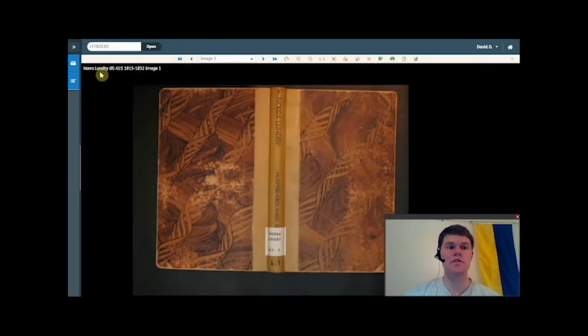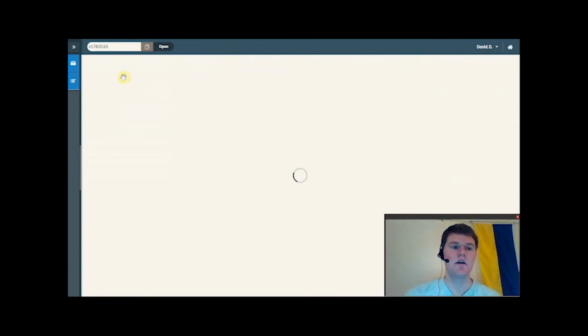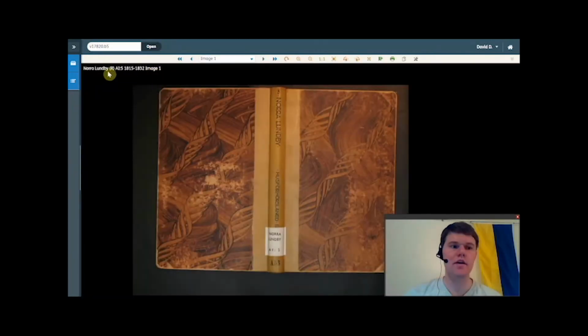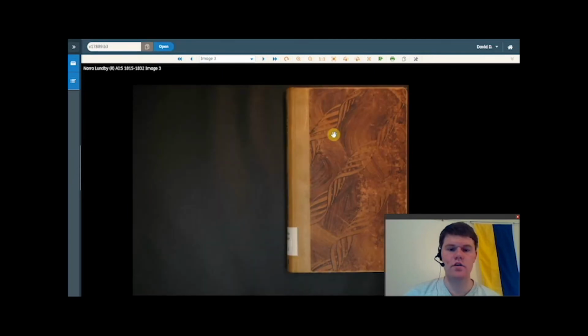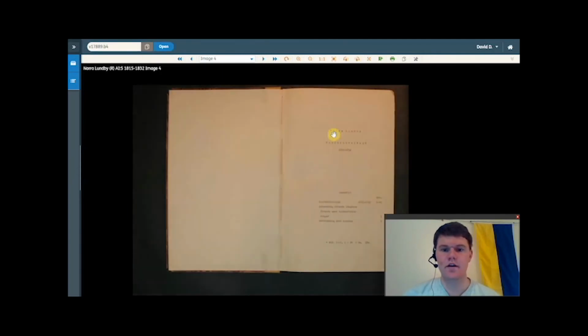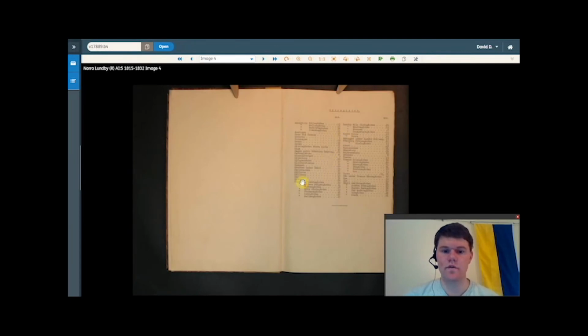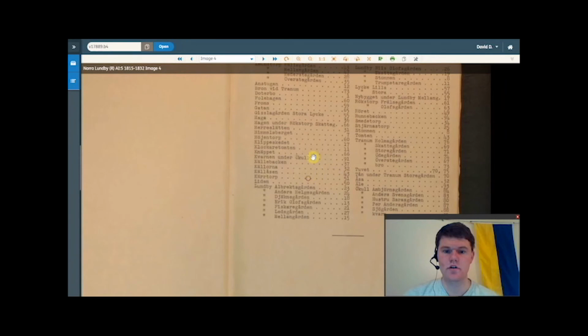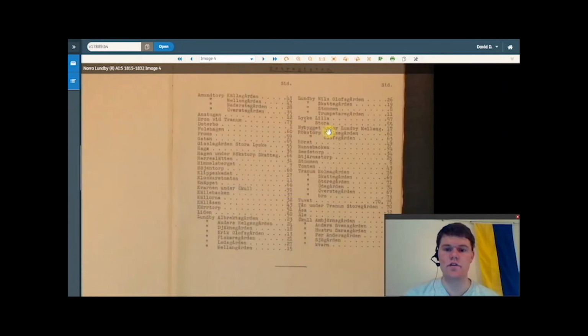The one just previously was Egby. And then this one right here is Nora Lundby. So we're going to look in here. Let's see what we can find. Okay, so we look at the M's. M's, no, nothing there. Let's see if we can find it anywhere else.